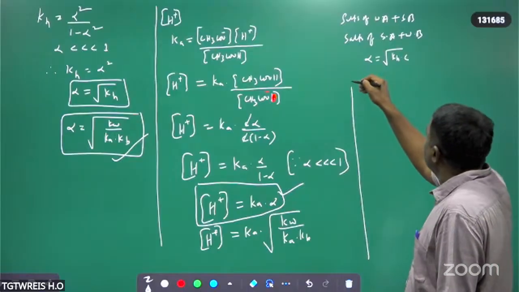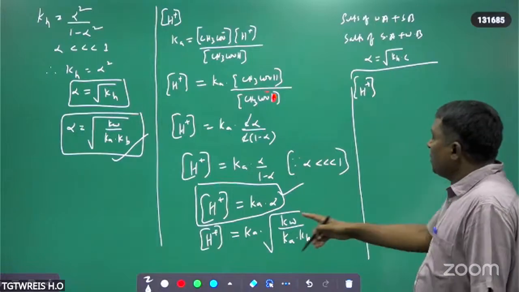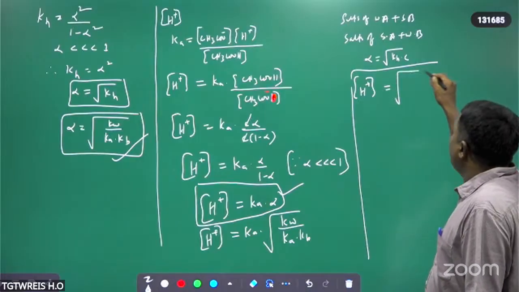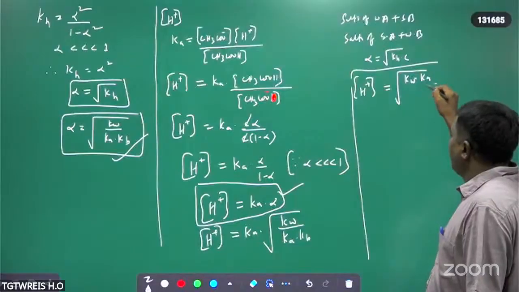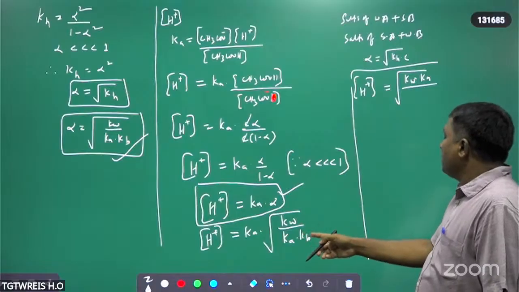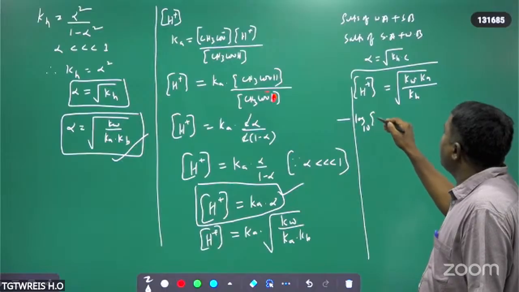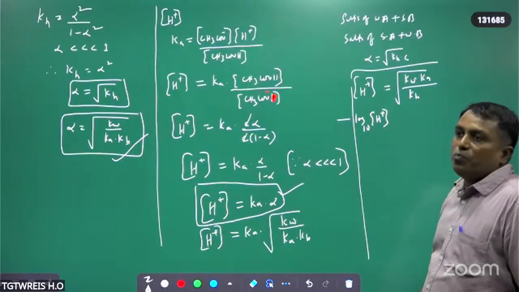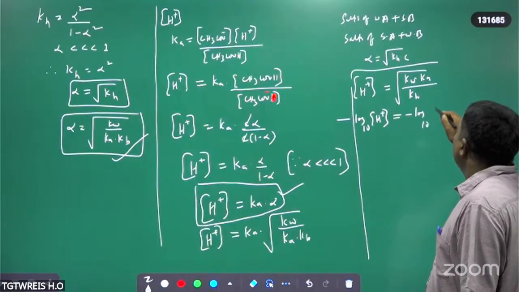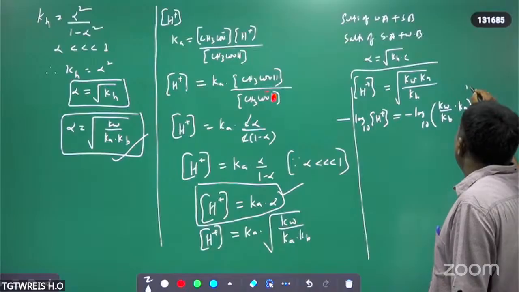So by multiplying and dividing by Ka, you will get H plus equal to Kw into Ka by Kb, all to the power 1 by 2. By applying negative log base 10 to H plus, which is equal to pH, we get minus log base 10 of Kw by Kb into Ka power 1 by 2.